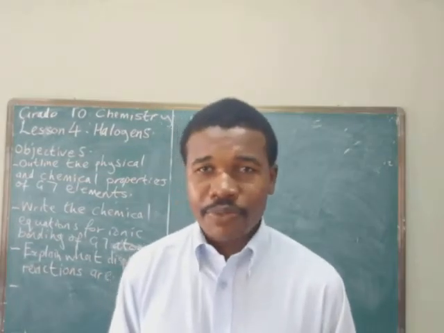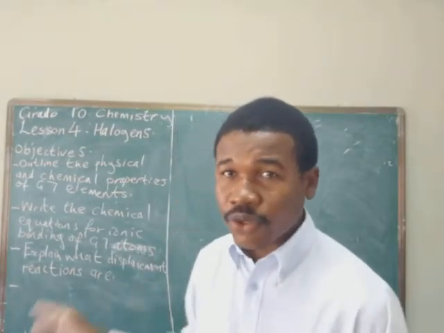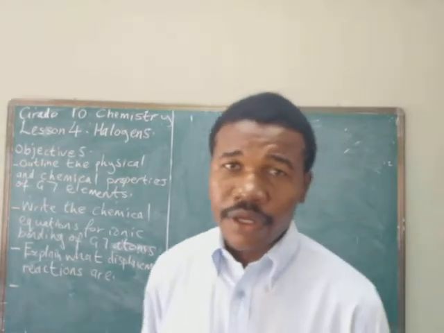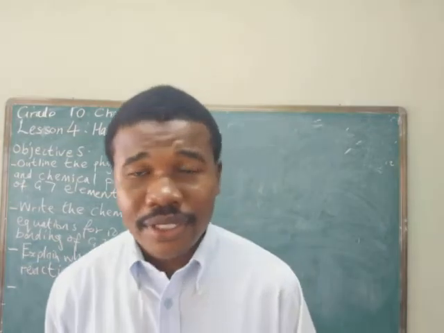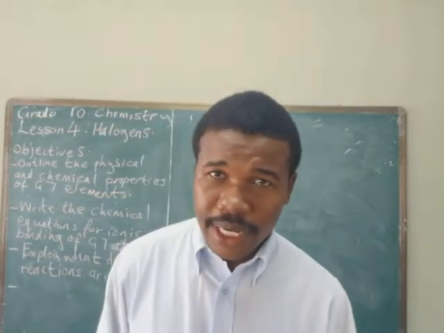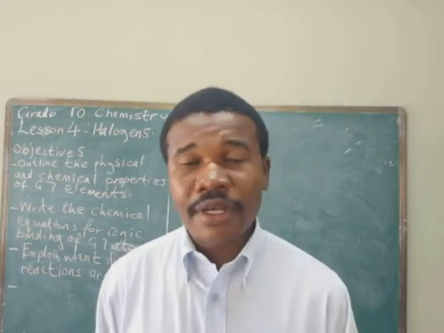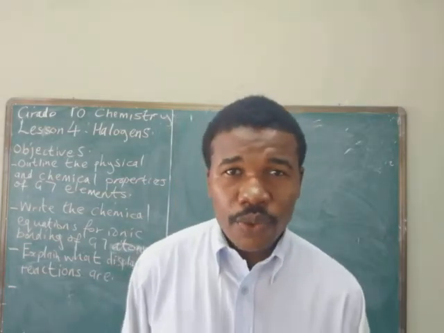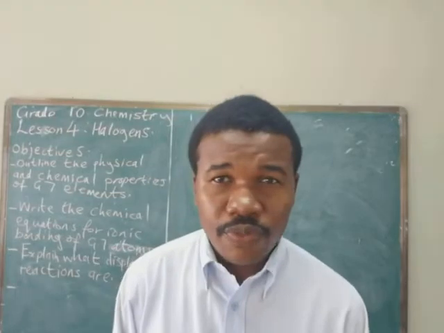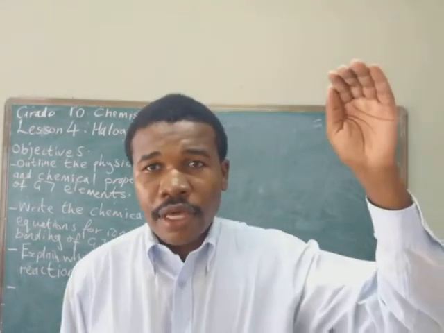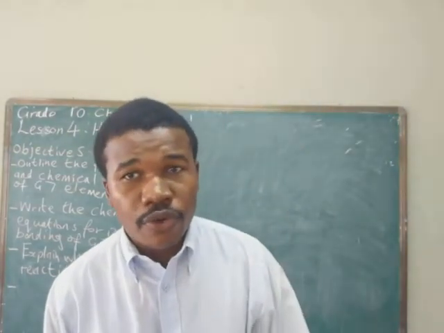Right, so as promised, we are having a continuation on the topic halogens, group 7 elements. In the last lesson, we looked at the same group 7. We looked at its properties. We looked at the reactivity of these group 7 elements, how their reactivity decreases as you go down the group.